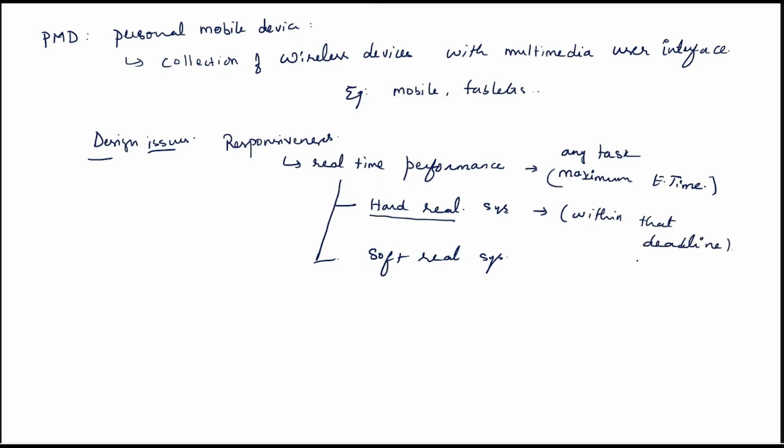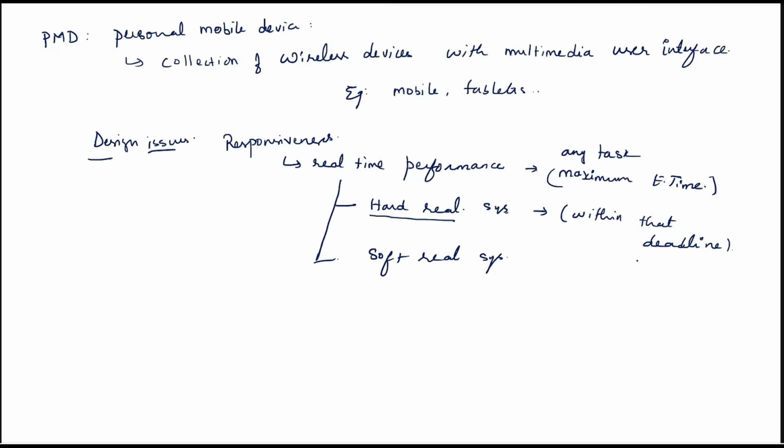Assume an aircraft: if something happens, within 5 minutes, roughly speaking, some valve has to open up. Such tasks come under hard real-time systems, which means they have to meet the deadline. Or else there will definitely be some catastrophe.